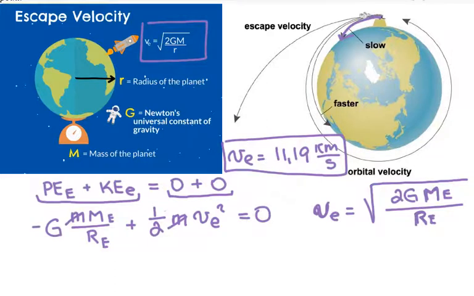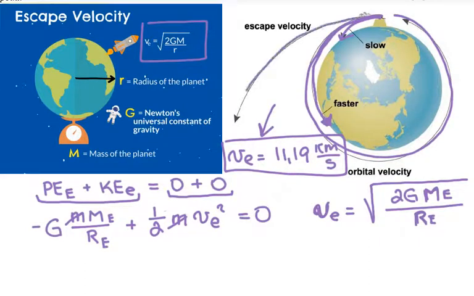If it is a little bit faster but not enough to make a satellite, it will still land on the planet. You can give it a velocity where it will become a satellite and just spin around the planet. But if you give it a big enough velocity, it will escape Earth's pull and be free from Earth, moving far away, not coming back. That would be the escape velocity.